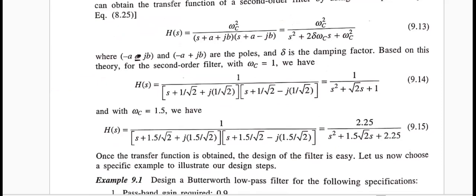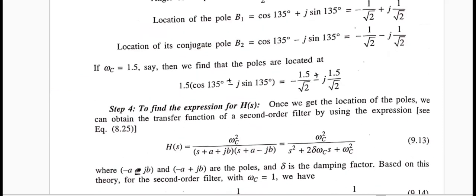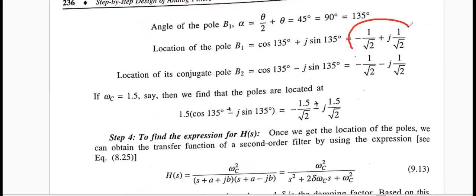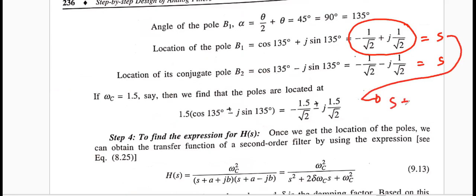So now we have already found these pole locations. Try to understand that this is equal to s. So what would be the expression? For the first one, the expression should be s plus 1 divided by root 2 minus j1 divided by root 2.